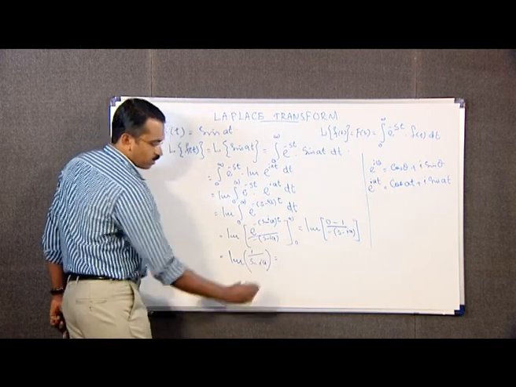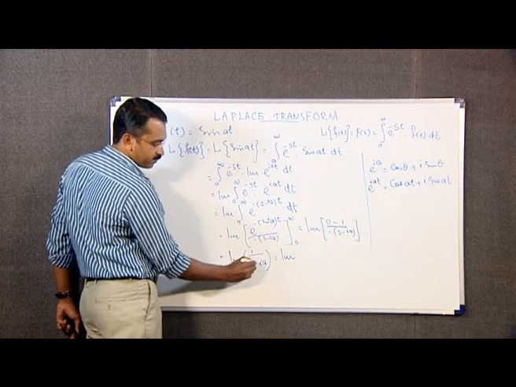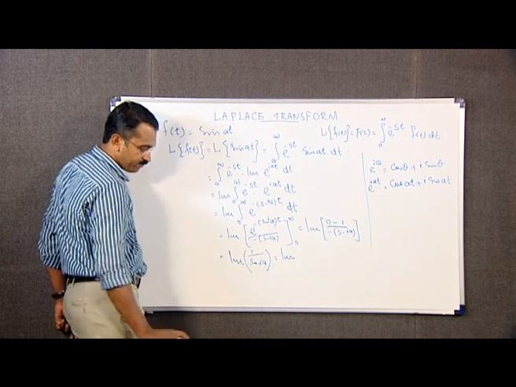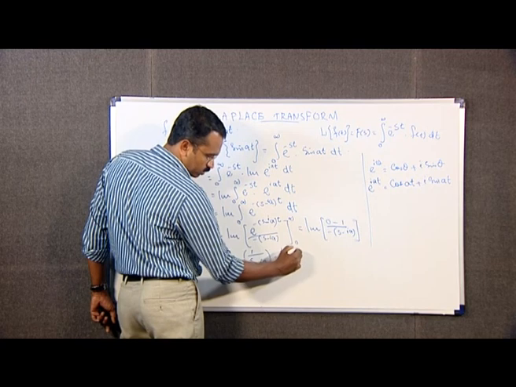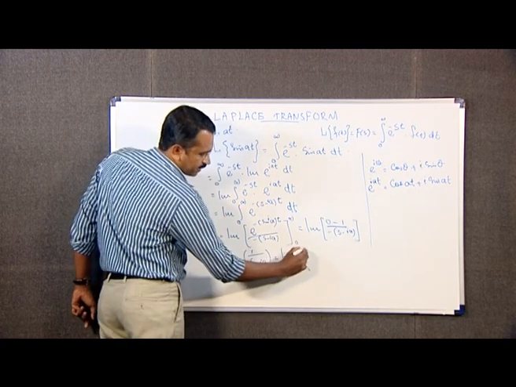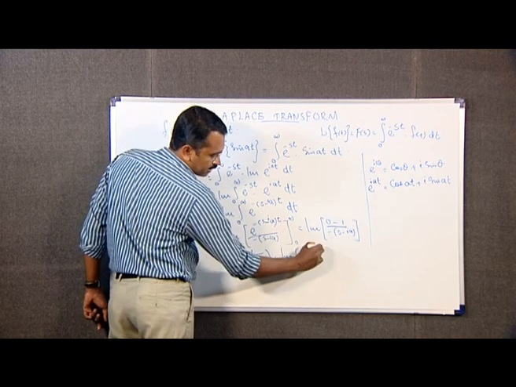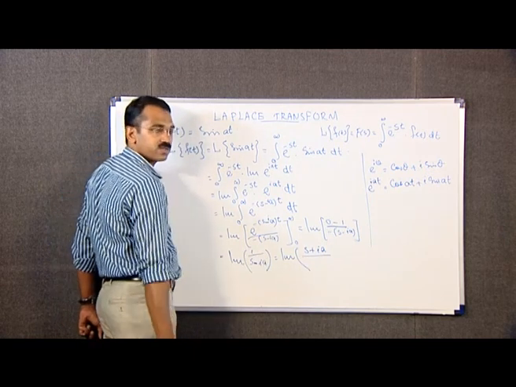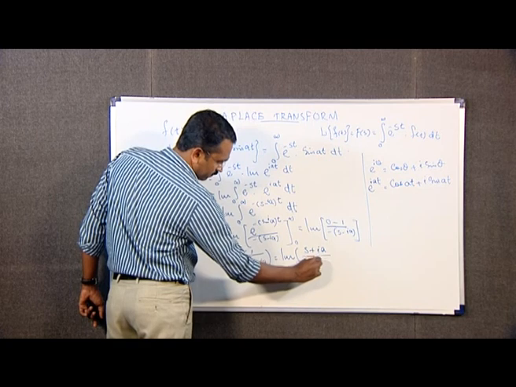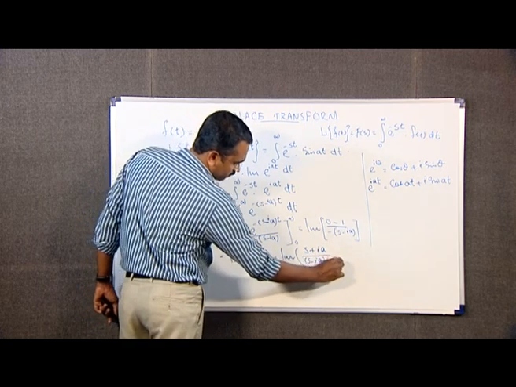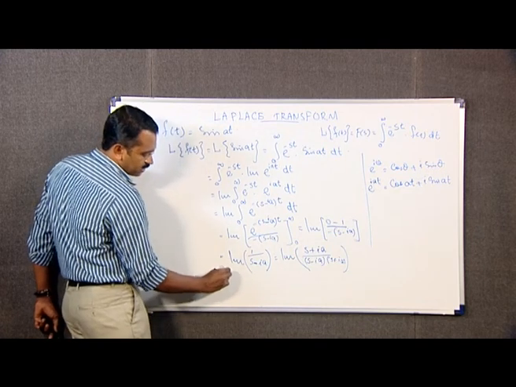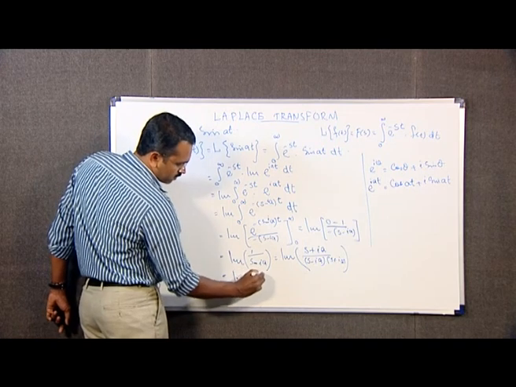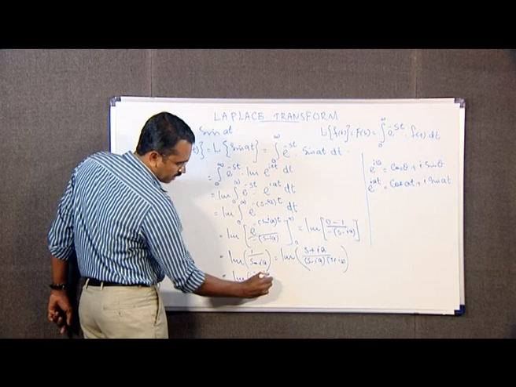which is equal to the imaginary part of, we can multiply both numerator and denominator by the conjugate of (s - ia). The conjugate of s - ia is s + ia, so we get the imaginary part of (s + ia) in the numerator divided by, in the denominator, (s - ia)(s + ia), which is s squared plus a squared.